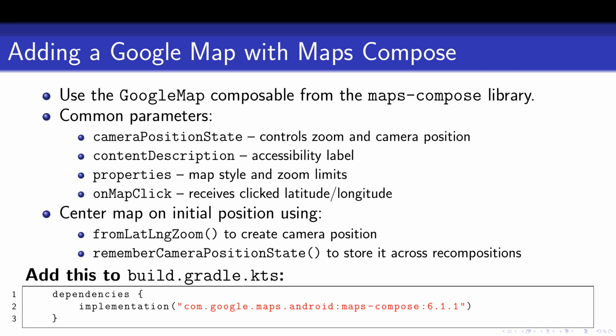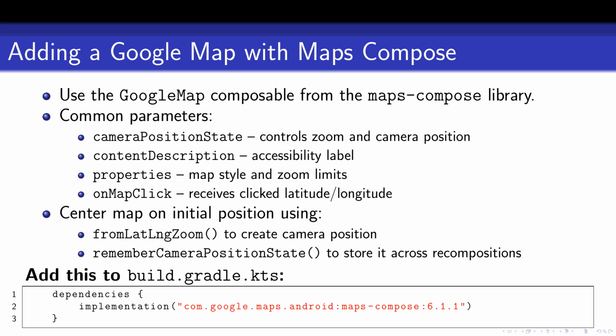The onMapClick parameter is useful if you want to respond to taps on the map, such as for adding markers or retrieving coordinates. You initialize the camera position using CameraPosition.fromLatLngZoom and store it using rememberCameraPositionState so that the camera persists during recompositions.